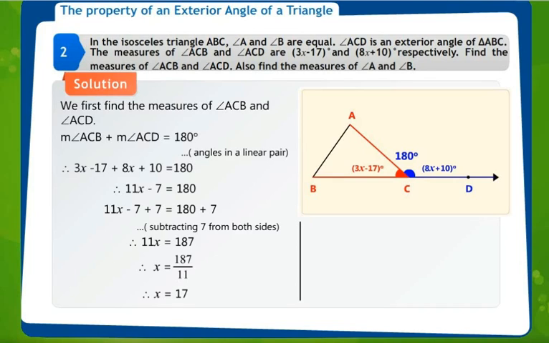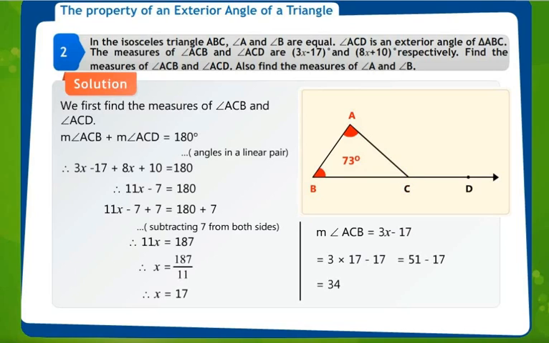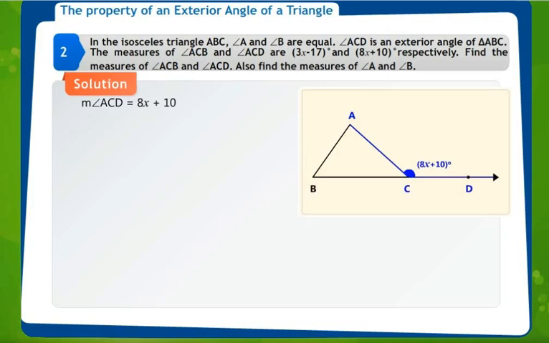Now measure of angle ACB is equal to 3x minus 17. Instead of x we will put 17. So 3 into 17 minus 17, that is 51 minus 17 is equal to 34 degrees. So measure of angle ACB is 34 degrees. Now measure of angle ACD is equal to 8x plus 10.